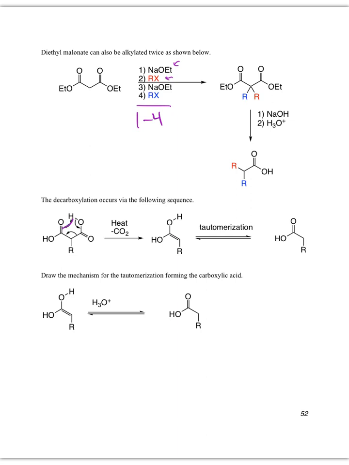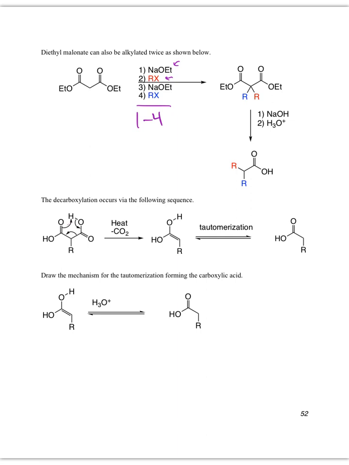The carbonyl of one has to go grab the hydrogen, which sends the electrons down to form the double bond of CO2, and then we break the carbon-carbon bond off of that, sending off the CO2 to make the alkene, and then that can tautomerize, like we've shown before, back to the substituted carboxylic acid. Okay, and it's always this way to decarboxylate it.